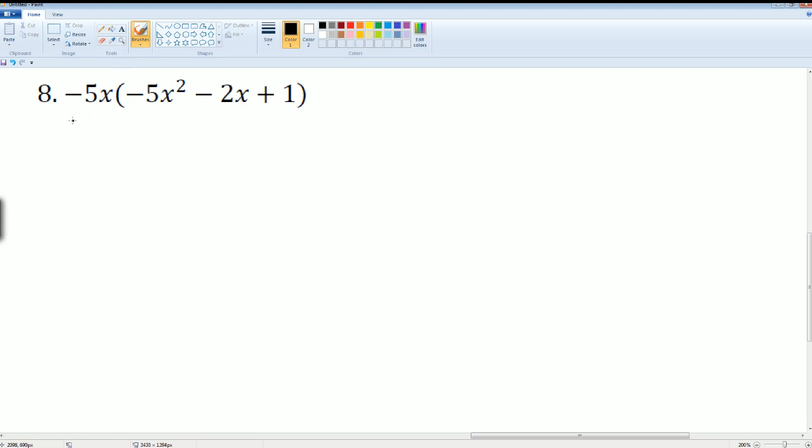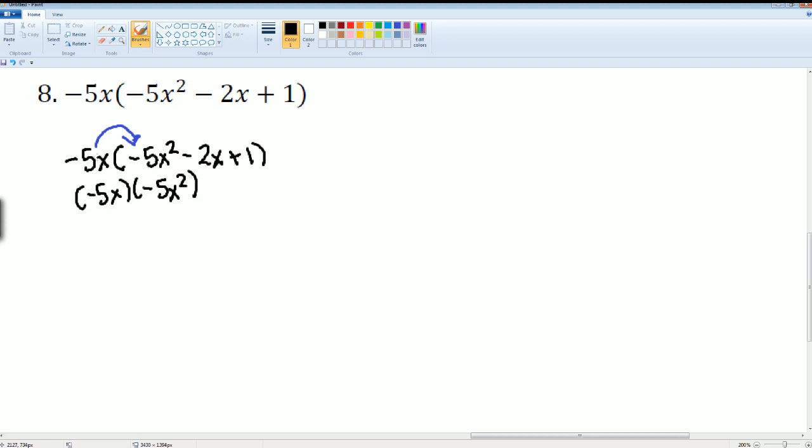Okay, so you have your negative 5x parentheses negative 5x squared. I'm just rewriting the problem here. Okay, it's always good to rewrite the problem so you could see what it is. Okay, so the first thing, I'm going to distribute because I'm trying to get rid of the parentheses. So I have my negative 5x times the negative 5x squared, that's my first term times the first term on the inside.